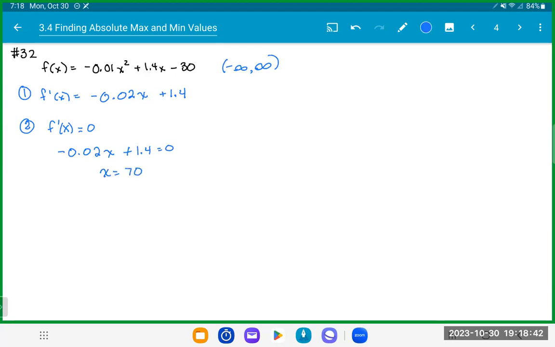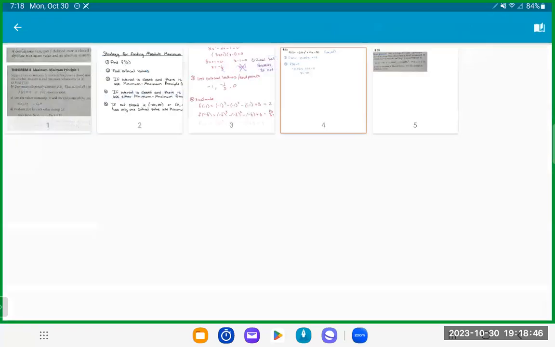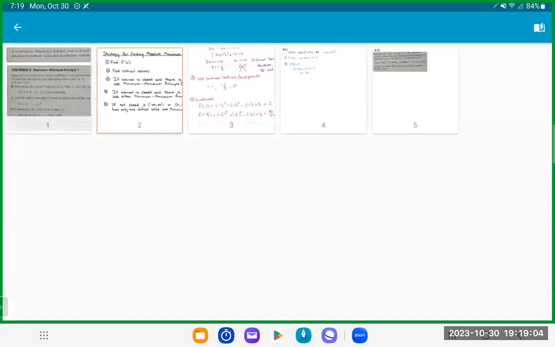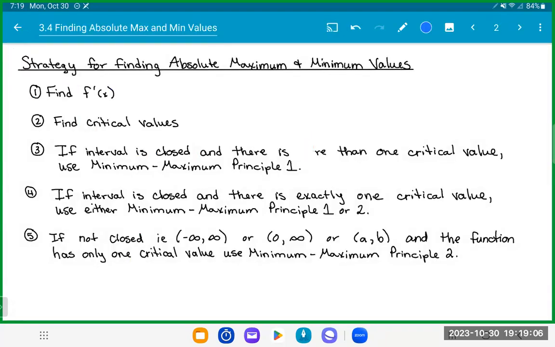Okay. So in this case, remember, let's go back over here to the rules. If it's not closed, and we have this situation here where we're looking at negative infinity to infinity, we have to use minimum maximum principle number 2, which is actually on this slide.